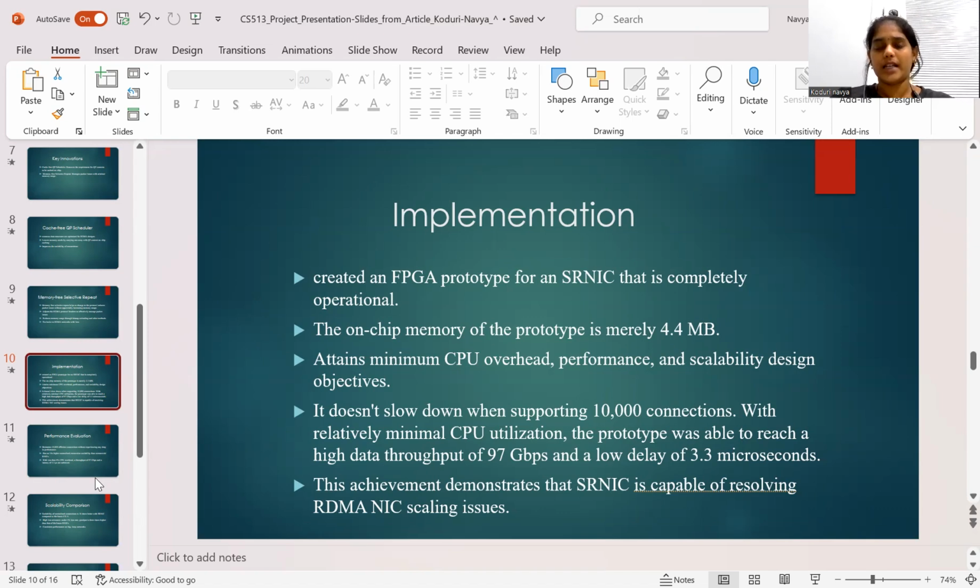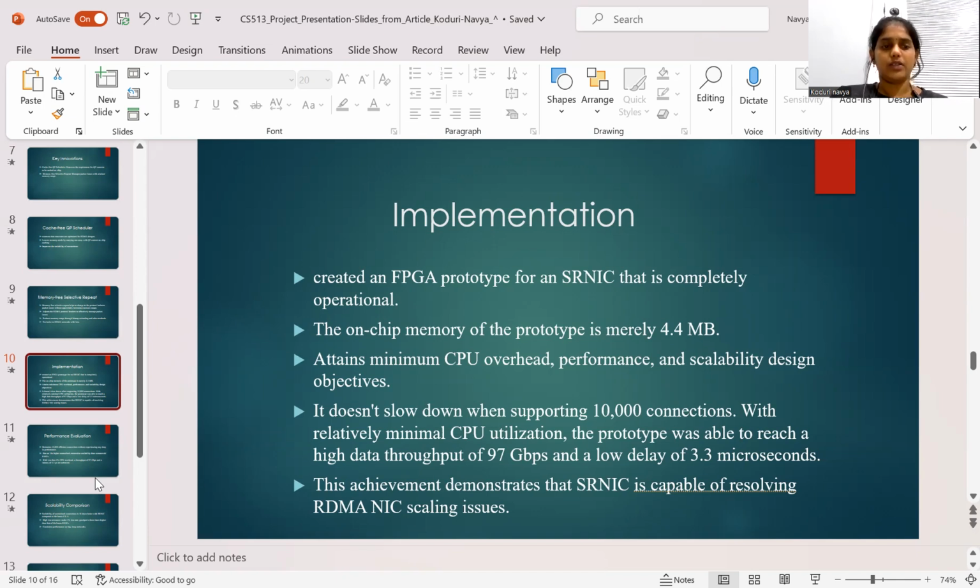The provided SRNIC architecture is far better than the previous architectures. This SRNIC architecture is the combination of NIC and RNIC. This combination gives greater exposure to the network to overcome the network scalability and the connection scalability.